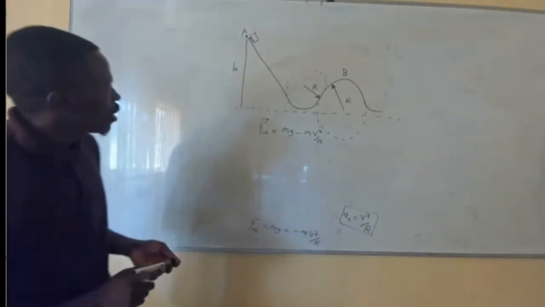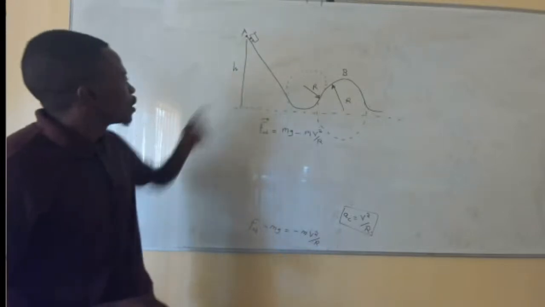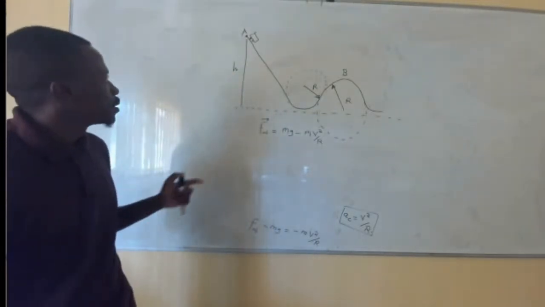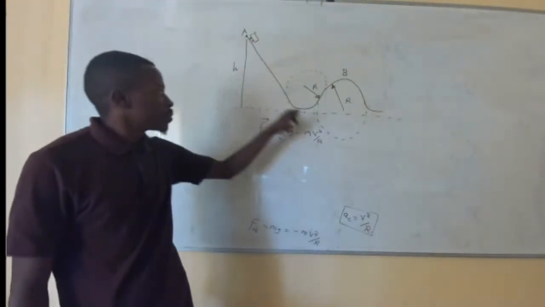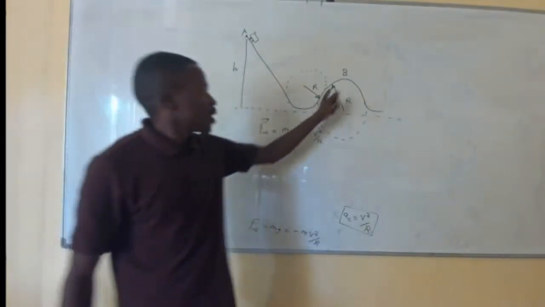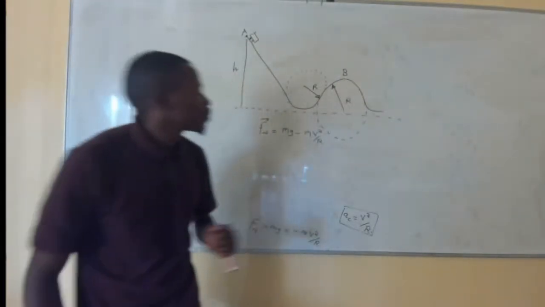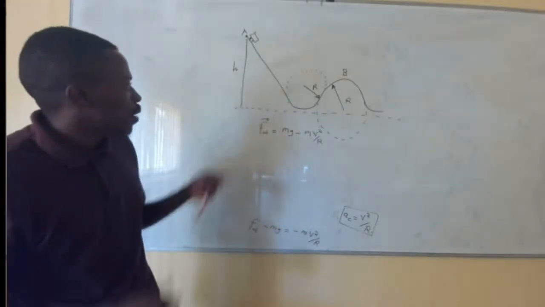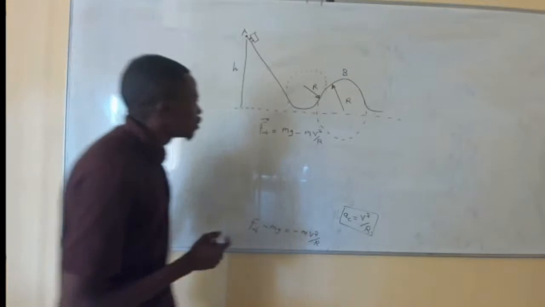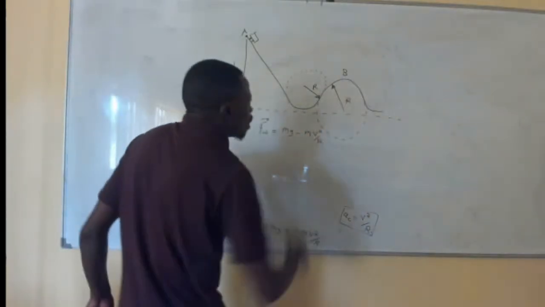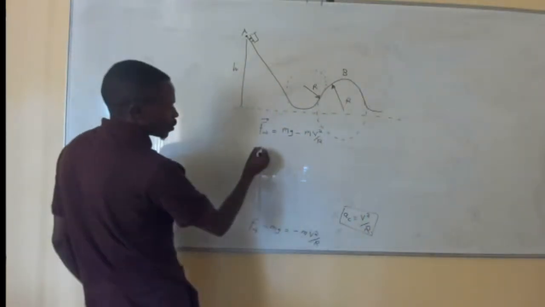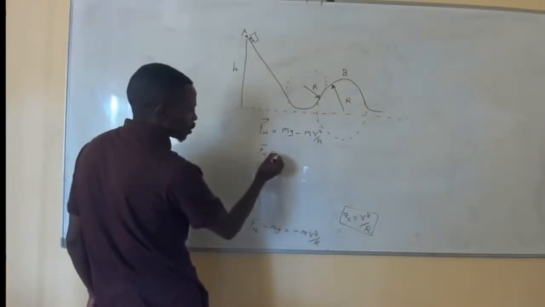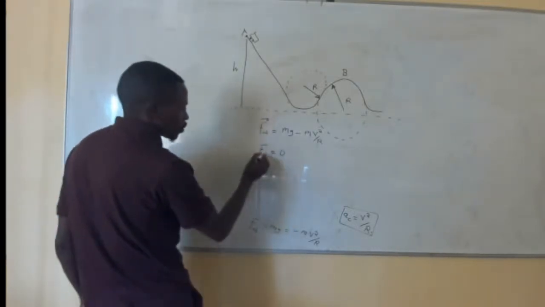But the condition here, we are being told that we need to find the maximum height that is required for the roller coaster to keep on its track, so that it does not fly off as it goes up the uphill. We need to meet a certain condition for the car to fly off, and that condition is that the normal force at that point should be equal to 0.